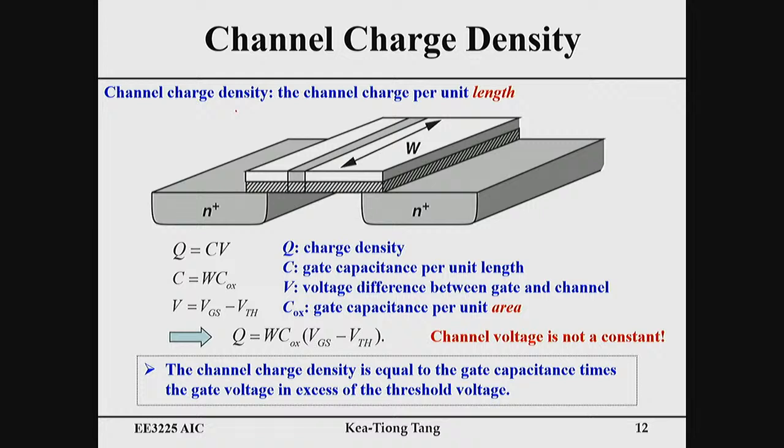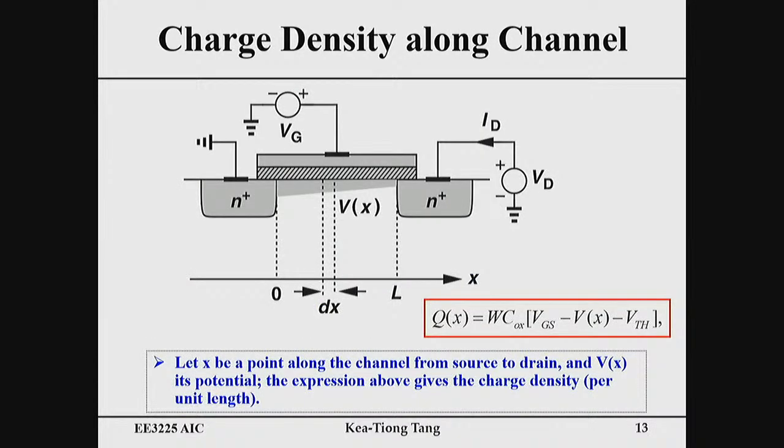It's V of X. Because the channel voltage is V of X, the voltage across this capacitance is not VGS along the channel. Instead, it's VGS minus V of X at any given point. If we look at right here, this is V of X, then the voltage across at this place is VGS minus V of X.